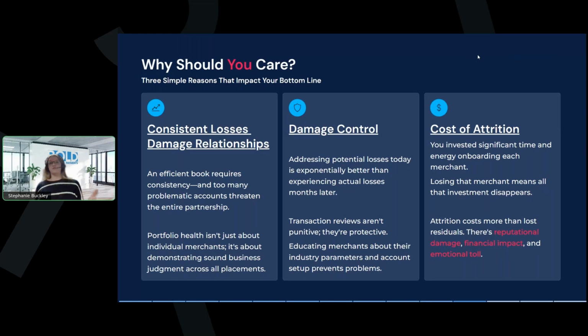Also, damage control. If a customer, let's say this $10,000 liquor store customer, charges back or disputes a transaction, they have up to 270 days to do that. That is 9 months to dispute this transaction.